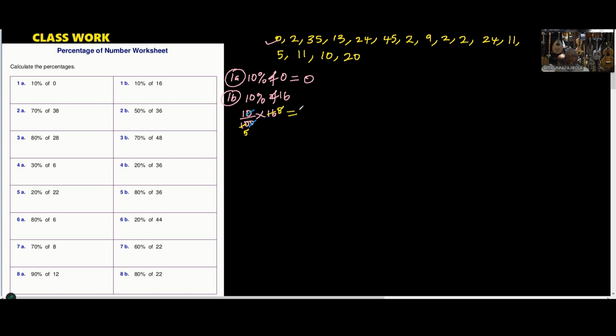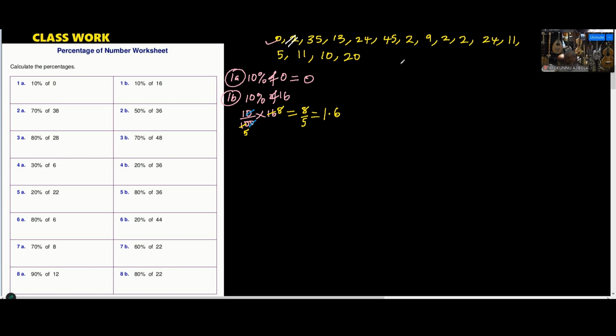So the answer I'm getting here is 8 over 5, which if I convert it, how many 5s in 8? One. Then I'll put a point. That's remainder 3. If I put 0 behind that 3, how many 5s in 30? That is 6. So it's 1.6, not 2.